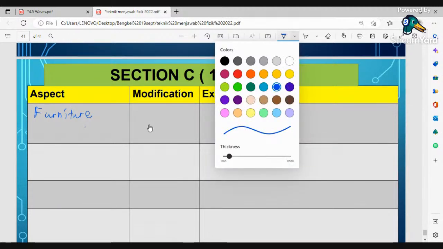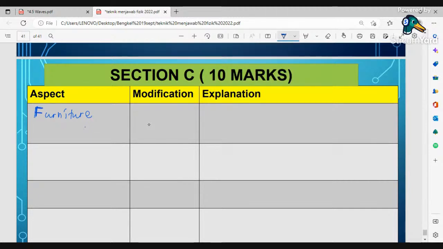See the furniture first one. Okay, furniture.